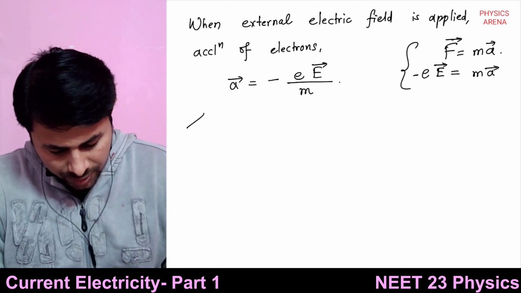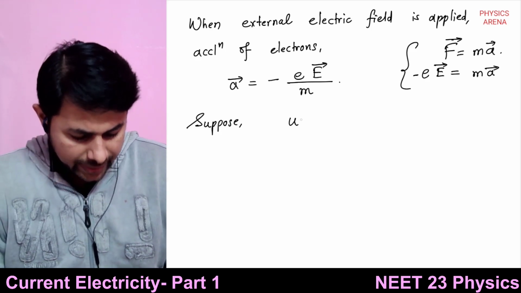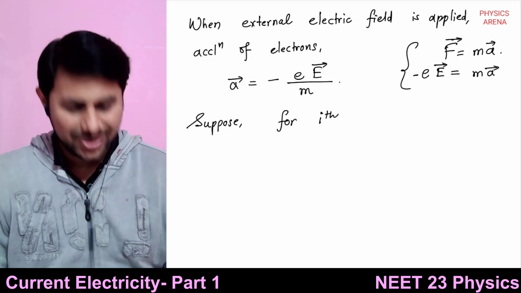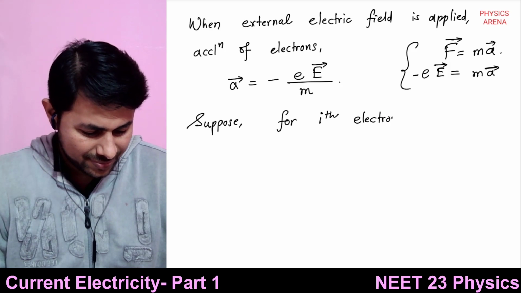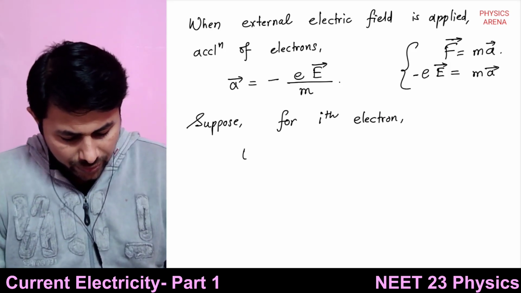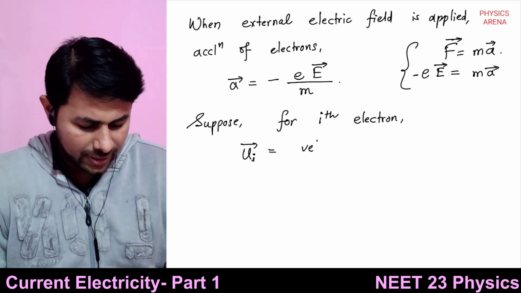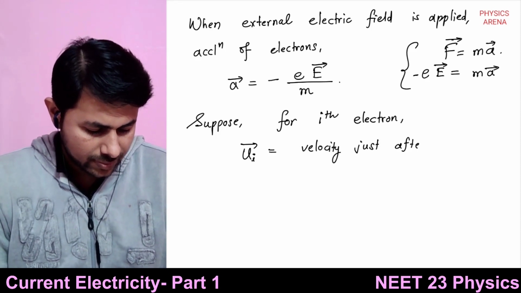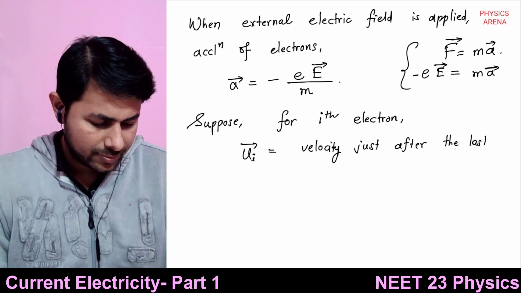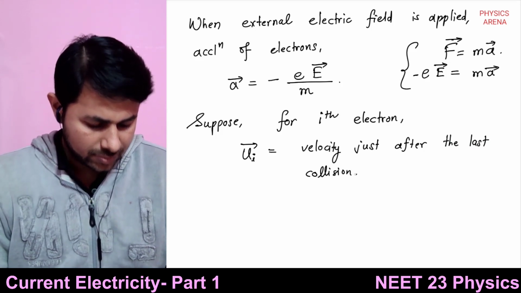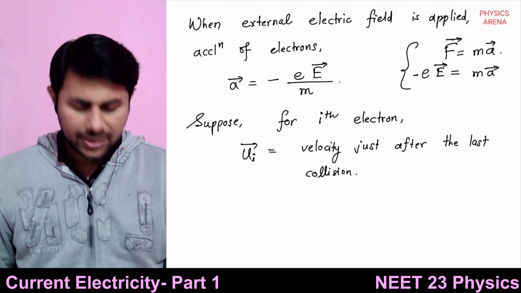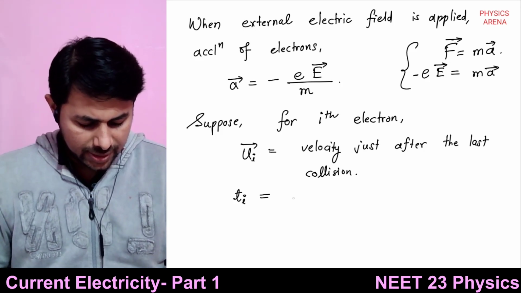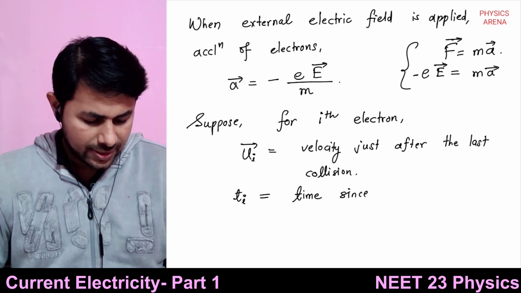Suppose that for the ith electron, we are numbering electrons, so for the ith electron, ui is its velocity just after the last collision, and ti is the time since the last collision.